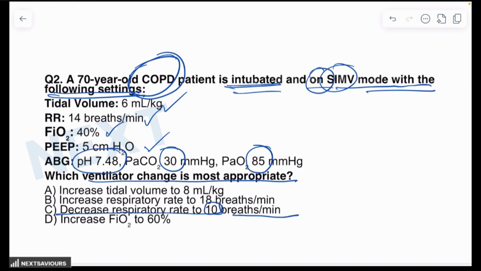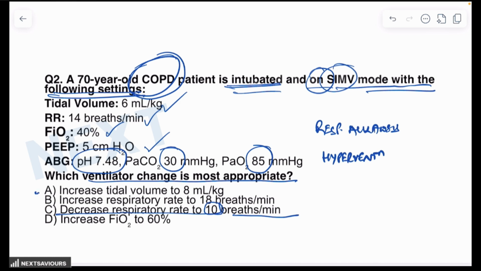Why? Because the patient has a respiratory alkalosis where the pH is 7.48, the partial pressure of the carbon dioxide is 30 millimeters of Hg due to hyperventilation. So in order to correct this alkalosis, we should reduce the minute ventilation, which is achieved by decreasing the respiratory rate to slow the breathing. Why not the other options?